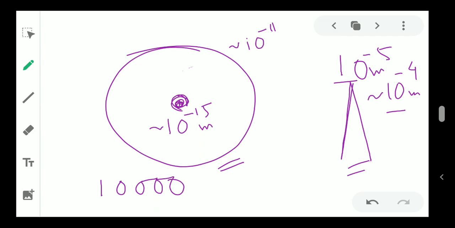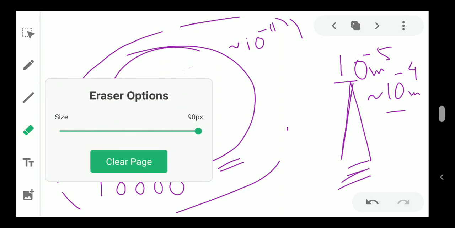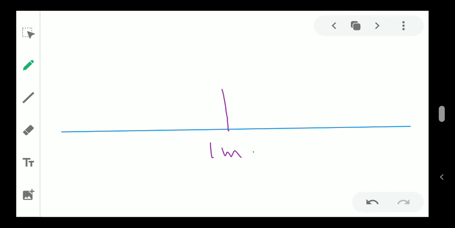In the book it is told that if we have to create this situation with my pin, what I have to do is take a 1 meter distance. So this is my 1 meter distance, and now if I put the pin tip here, this individual point will be the nucleus, and this whole scale will be my atomic structure.